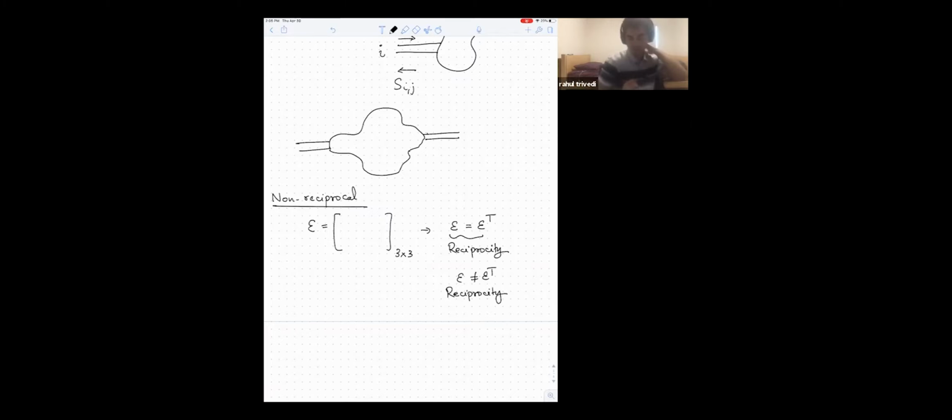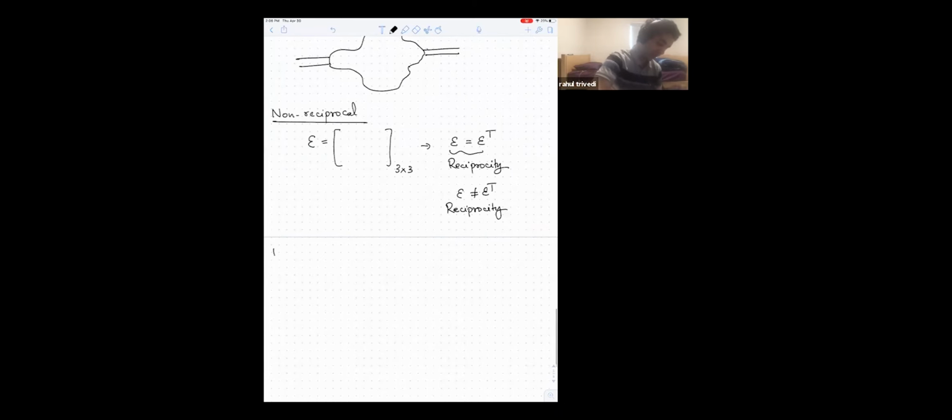The way that people do this in practice is by applying a magnetic field to a material. There are many magneto-optical materials in which applying a magnetic field creates an asymmetry in the permittivity tensor. This is the physics behind what are called Faraday rotators.